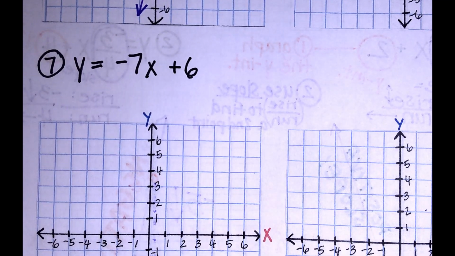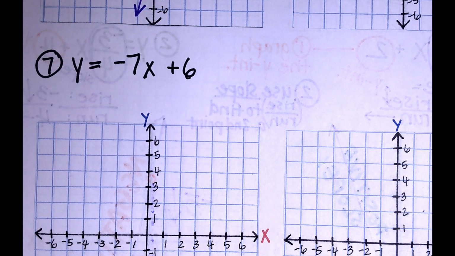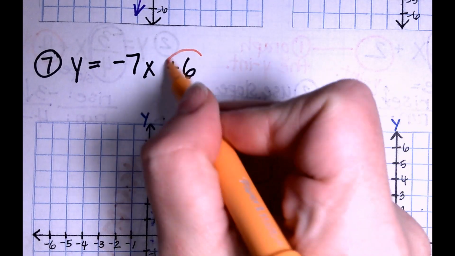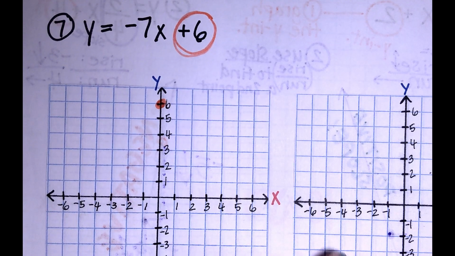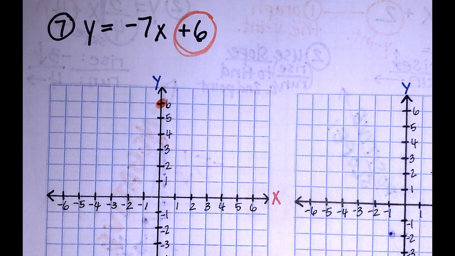Okay, negative 7x plus 6. What do I do first? Find my y-intercept, 6 on the y-axis. So I'm going to go up to positive 6 right here. There we go. And what do I do next?